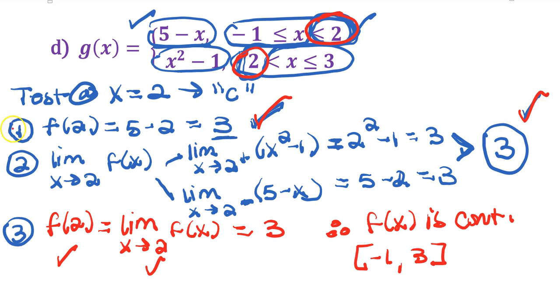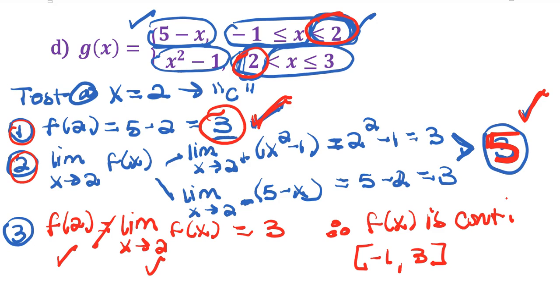If either number 1 or number 2 didn't exist, we would have a break in continuity, or if the value in number 1 did not equal the value in number 2, we would have a break in continuity. For example, if this turned out to be 3 and this turned out to be 5, then we would say that those two don't equal each other and that the function would be discontinuous at 2, or continuous from -1 up to 2, union 2 to 3.